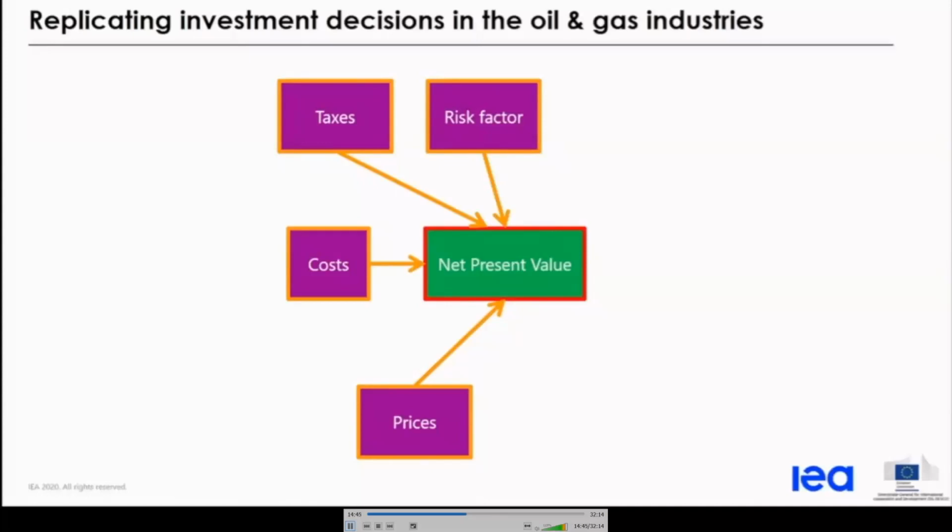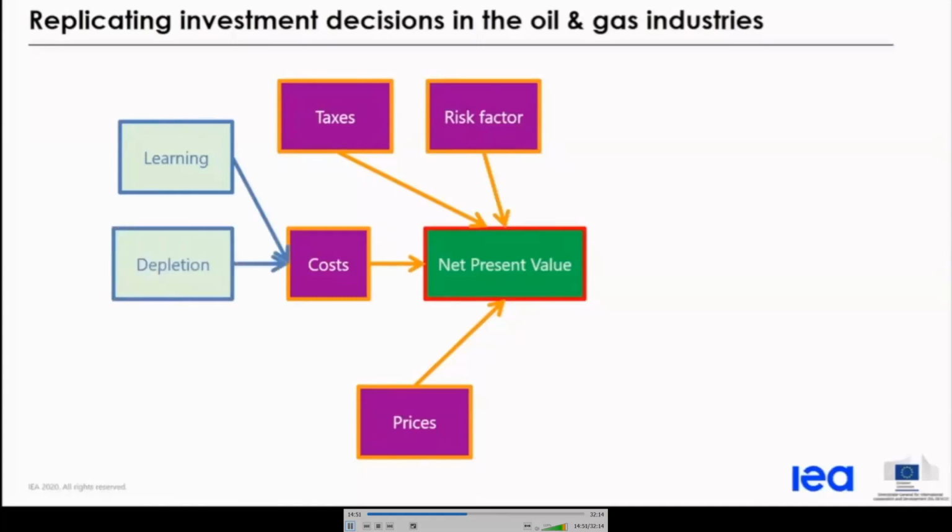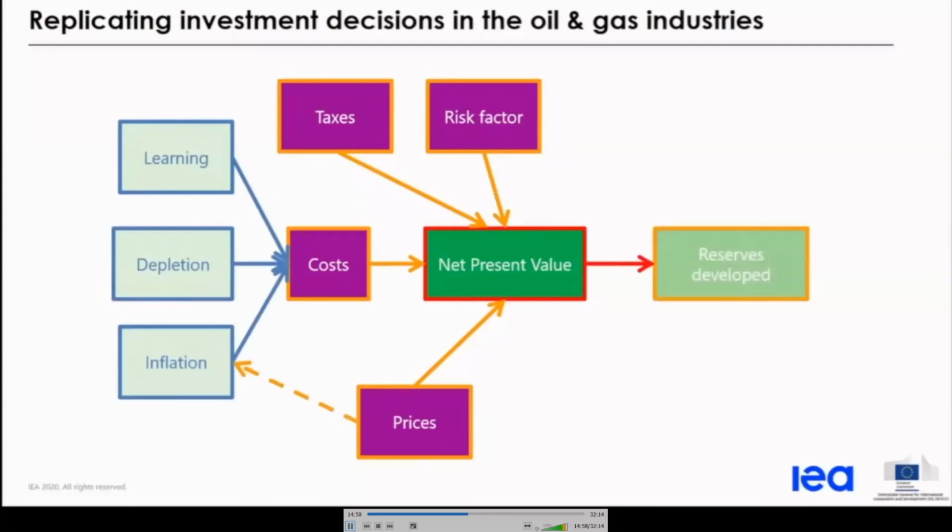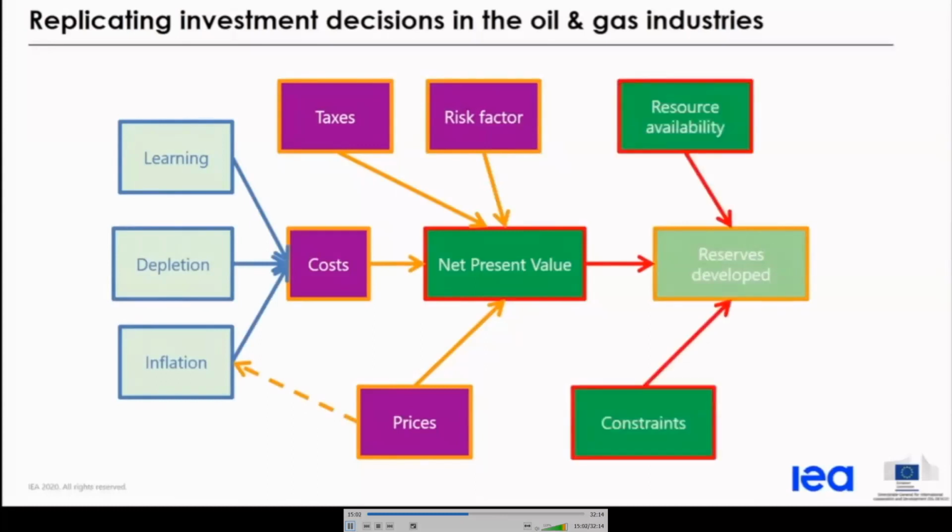The cost to produce these are impacted by learning, technology learning, by depletion, and also by inflation, which is in turn impacted by prices. Resource availability and trading and other constraints are also accounted for in the model as the model considers which projects to pick and select to develop in order to meet excess demand and build a view of global supply for oil and gas.